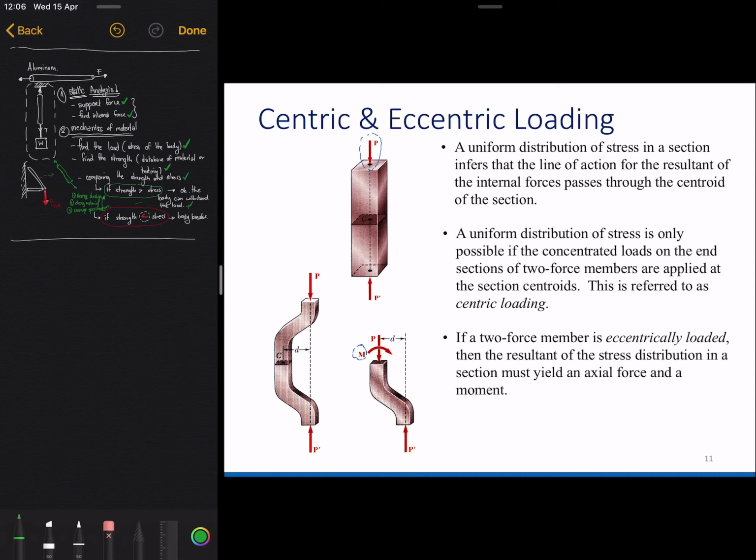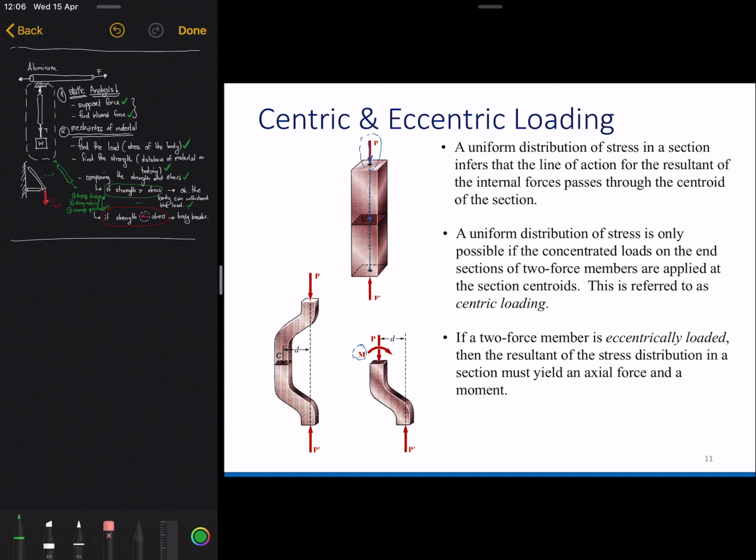But uniform distribution of the stress is only possible if the concentrated loads on the ends of the two-force member are applied at the section's centroid. If the centroid is in the middle here, when you have uniform distribution, it means your force has to be exactly in this middle, passing through the centroid of this bar.